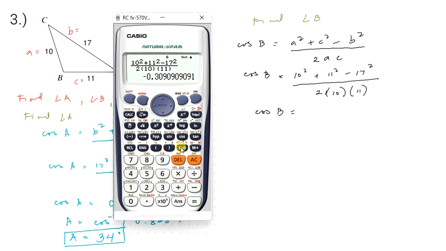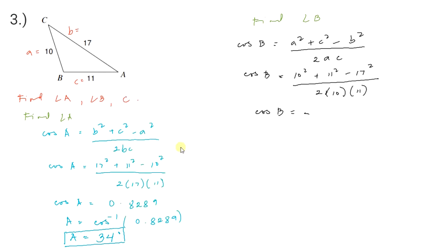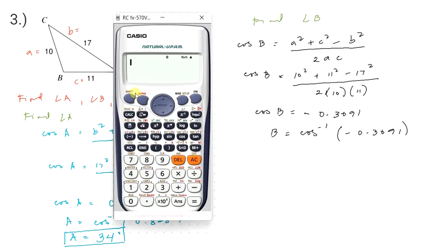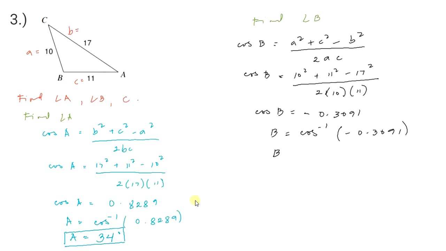Again, let's write it up to 4 decimal places: negative 0.3091. Since we're looking for angle B, it becomes cosine inverse of negative 0.3091. Let's use our calculator: shift, cosine, negative 0.3091, and that is equal to 108 degrees. So, your angle B is equal to 108 degrees.